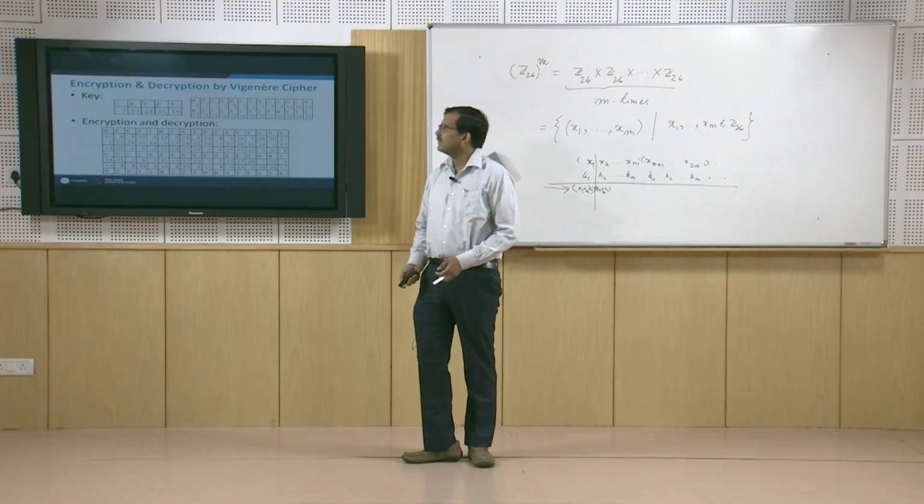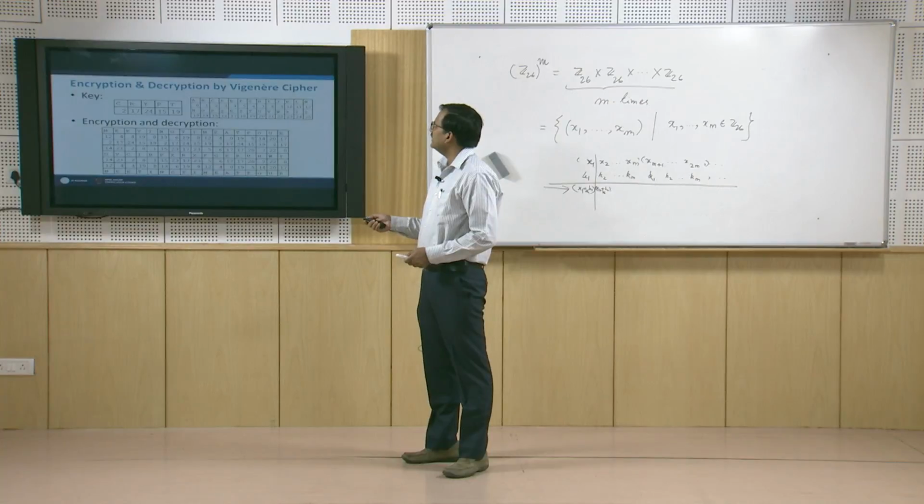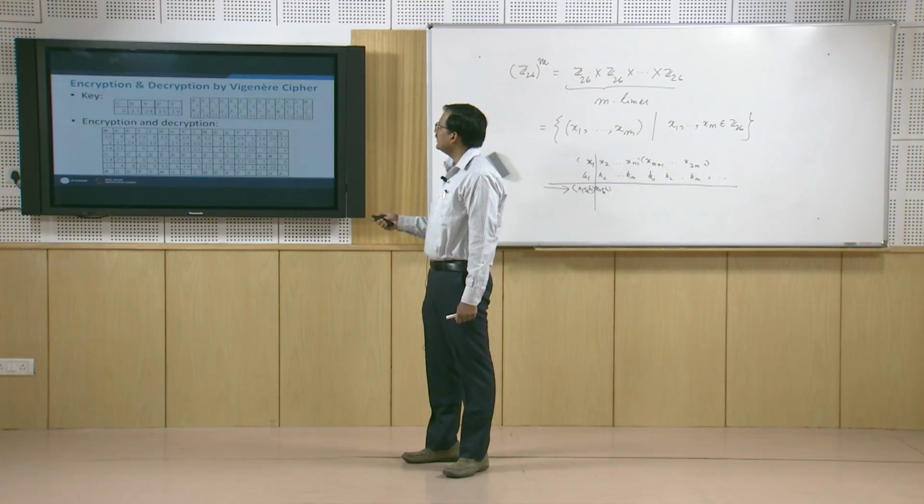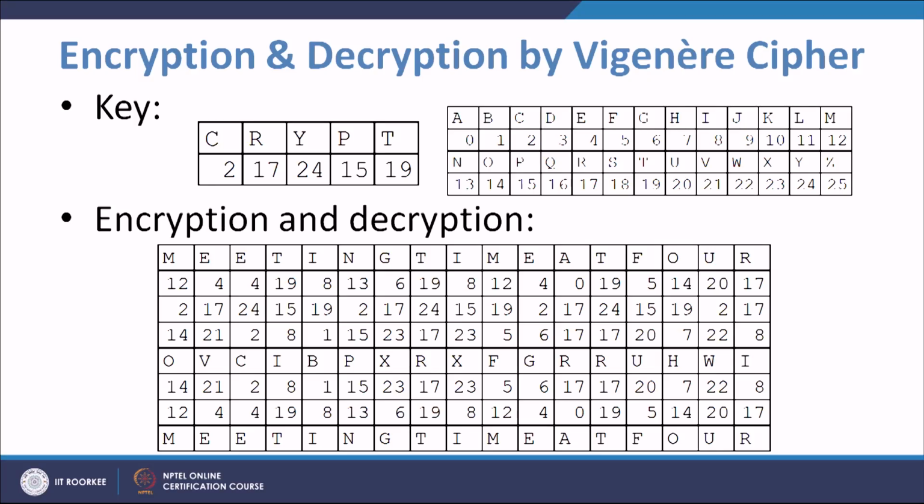This example clarifies whatever we have discussed just now. Suppose the key is the word crypt. So, we write c equal to 2, r equal to 17, y equal to 24, p equal to 15 and t equal to 19. Now, let us see the plain text string: meeting at 4.